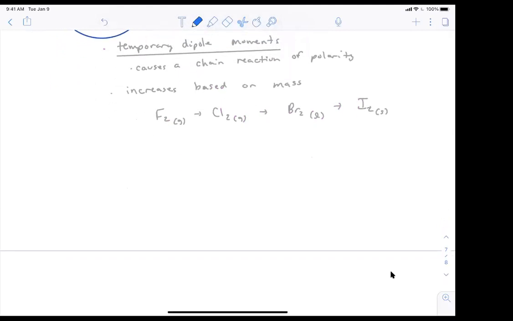Once the molecule has actual polarity, we get into what's called dipole-dipole, which literally means two poles and two poles.